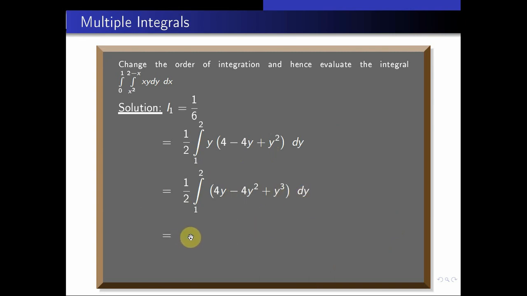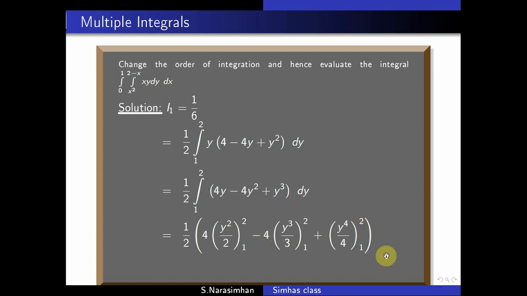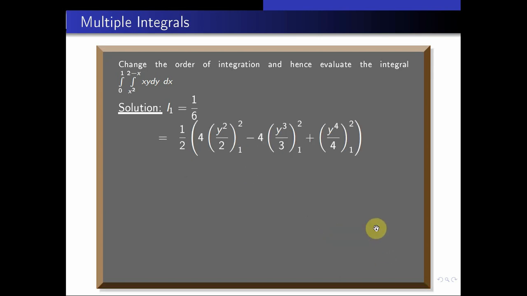So this is equal to half into, if I am integrating this first with respect to y, 4 into y square by 2 limit 1 to 2 minus 4 into y cube by 3 limit 1 to 2 plus y power 4 by 4 limit 1 to 2. Substitute the limit.